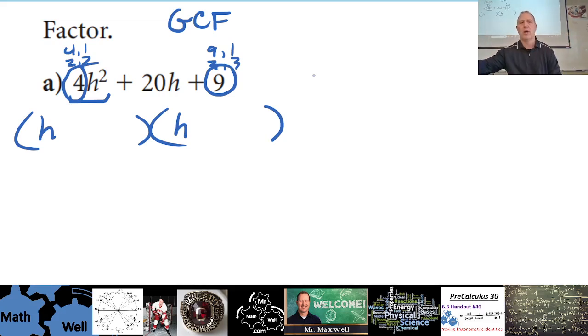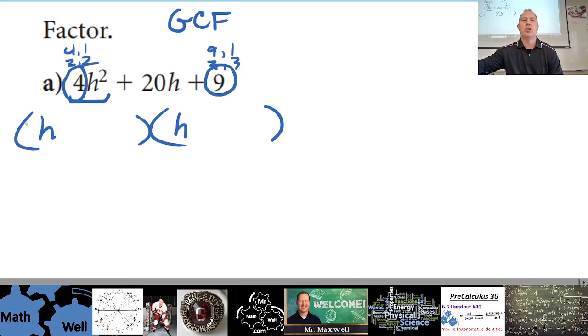So this is what I'm going to do. I'm going to just randomly pick 2 and 2 for my factors of 4h squared. Now I may have to change this later, but I'm going to try this first. I'm also going to try 3 and 3 for 9.